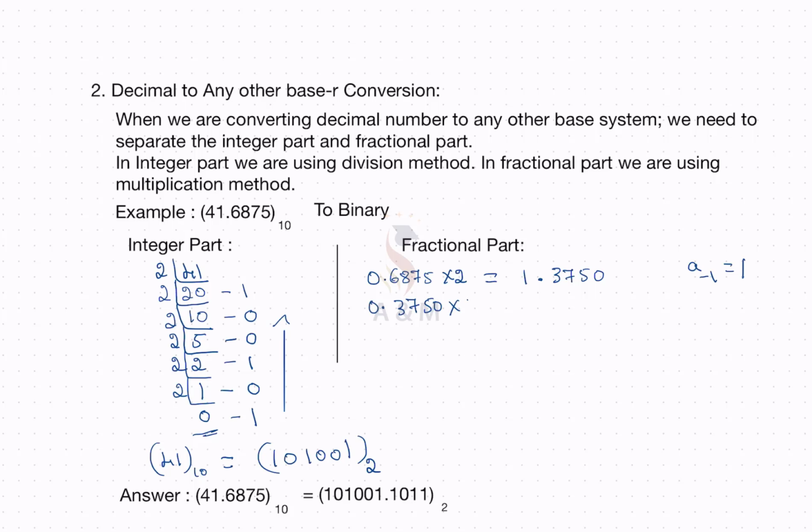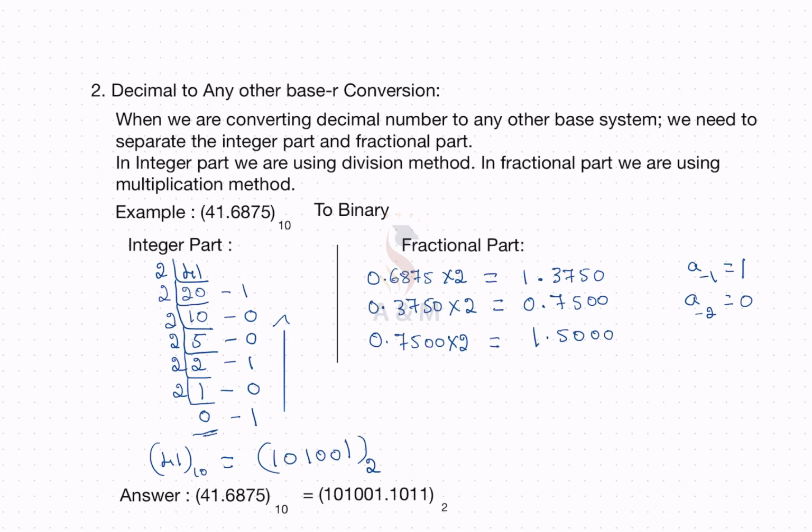Then, 0.3750 into 2, which is equal to 0.7500. Here, there is no integer part. Therefore, the coefficient a minus 2 is equal to 0. Again, take the fractional part, that is 0.7500 into 2, which is equal to 1.5000.